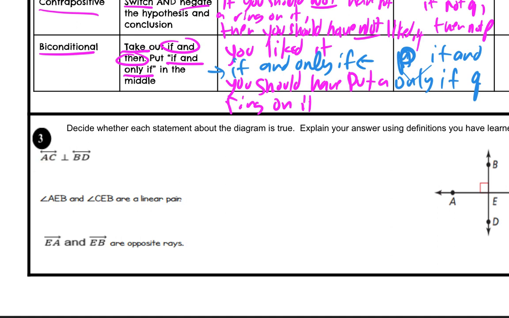Okay, so let's pronounce that. Line AC. Okay, this means perpendicular to. Line AC is perpendicular to line BD.